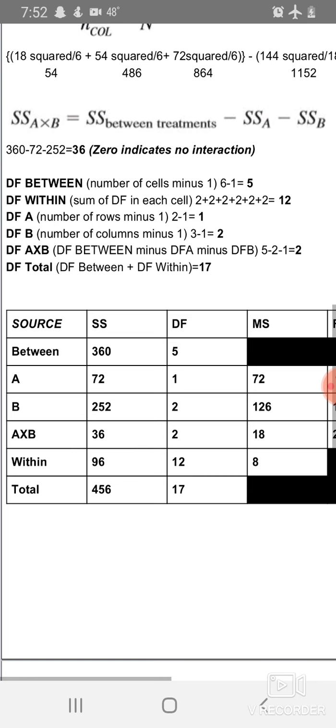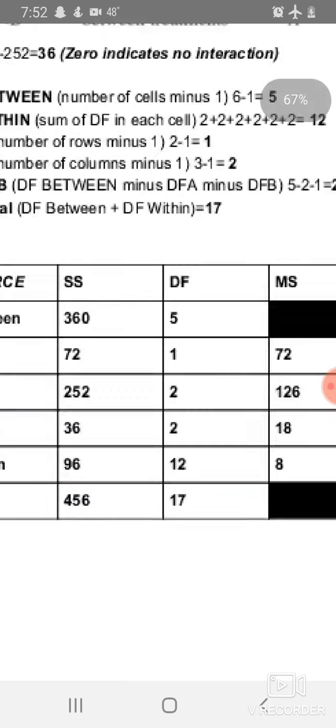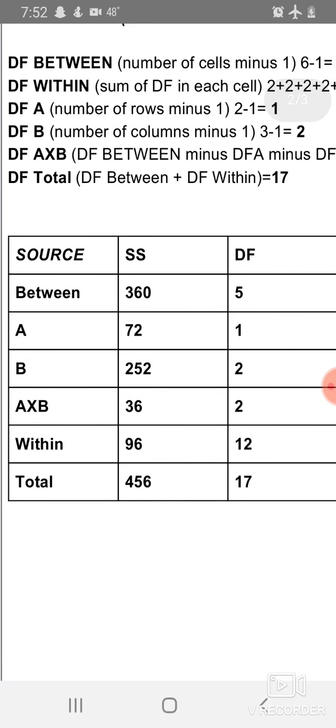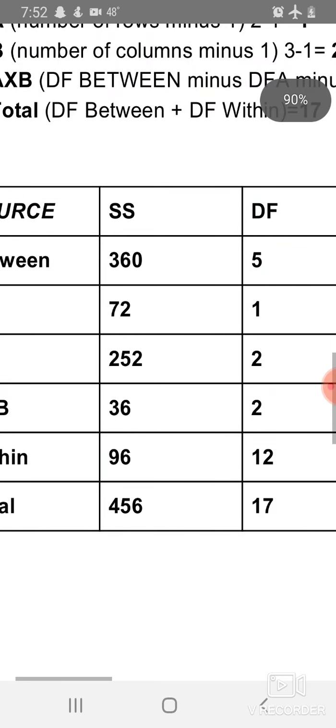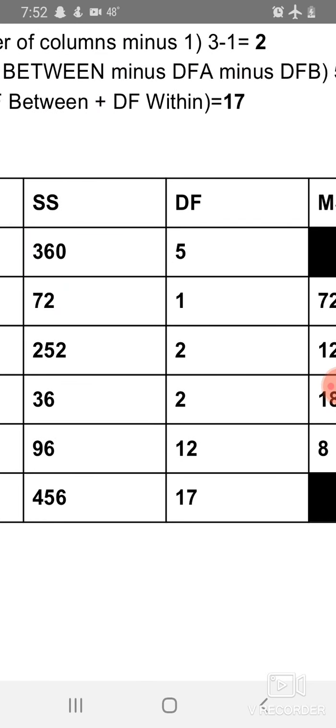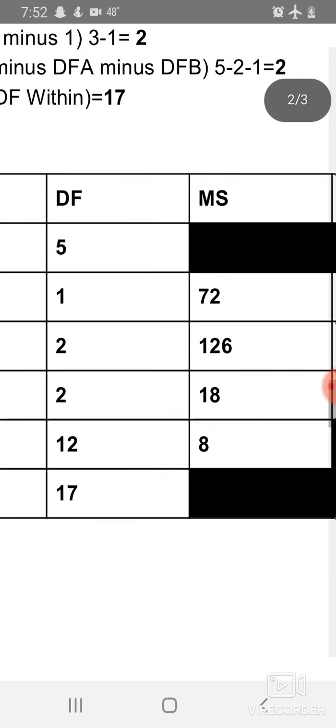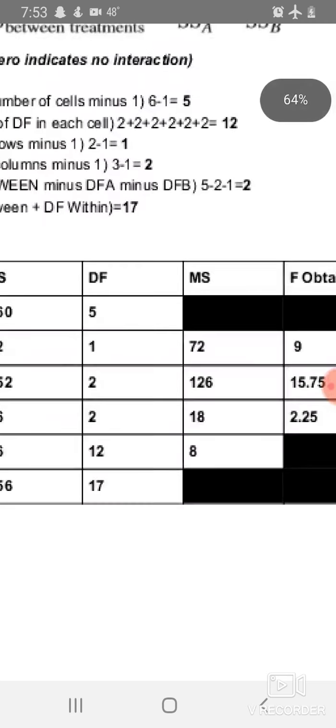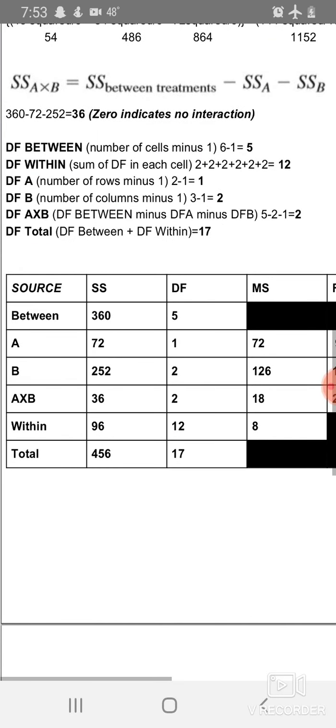Now you just take those values and put them into this ANOVA table. So I plotted all the sum of squares that we just solved for, all the degrees of freedom that we just solved for, and now we are going to get the mean squared for source A, B, A by B, and within. You do that by doing SS divided by DF.